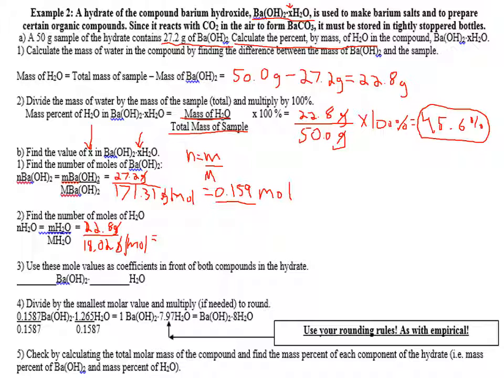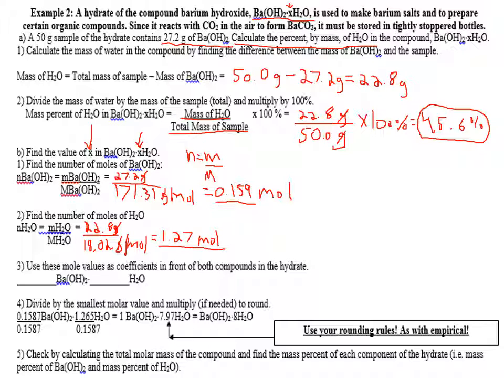So let's do that. 22.8 divided by 18.02, and we get 1.27, or 1.265. Again, keep some of those digits in your calculator. I'm just doing this for show to show that I know my significant digits here.